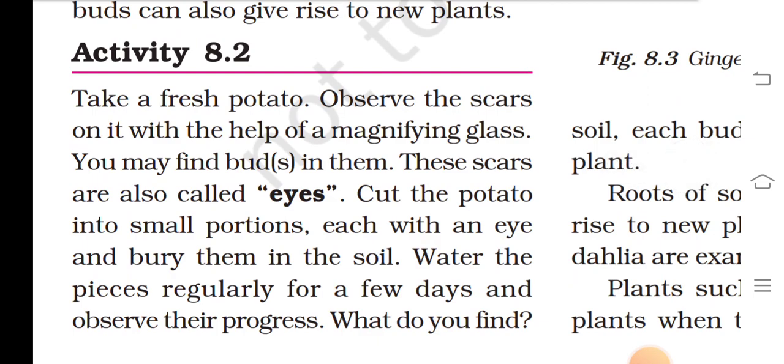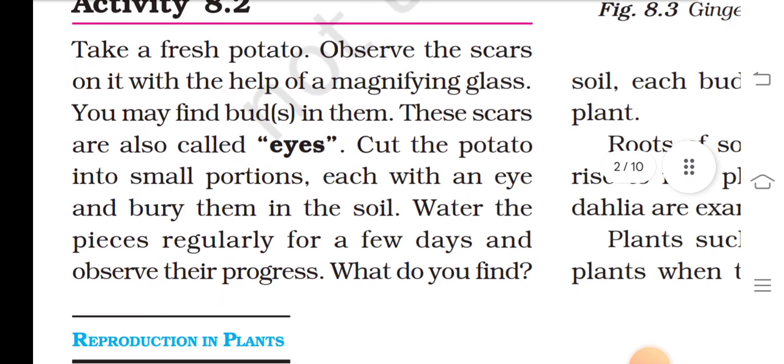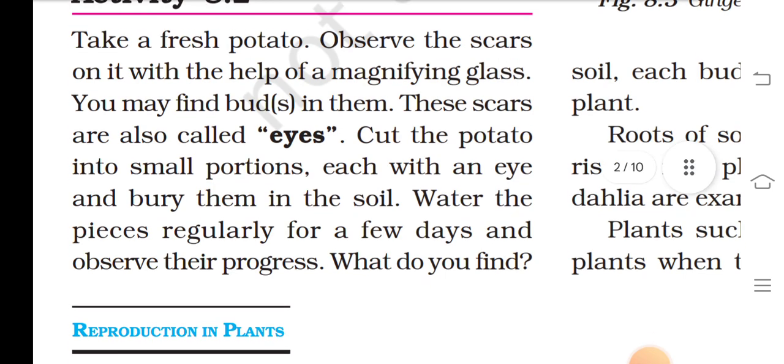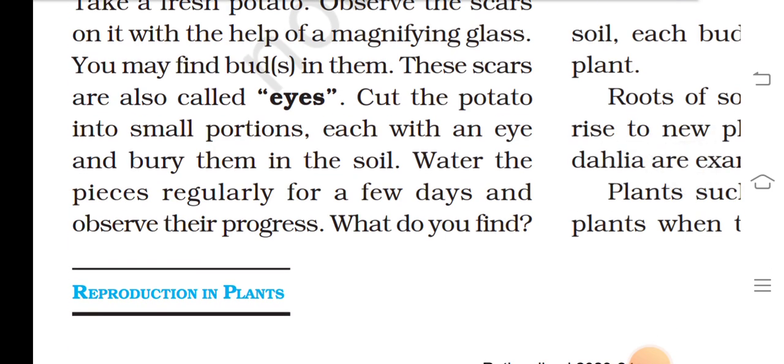Take a fresh potato and observe the scales on it with the help of a magnifying glass. You may find buds in them. These scales are also called eyes. Cut the potato into small portions, each with an eye, and bury them in the soil.